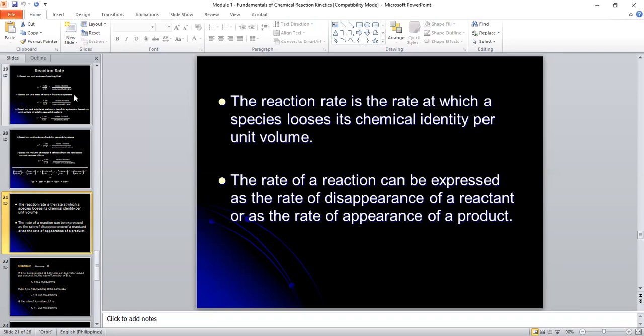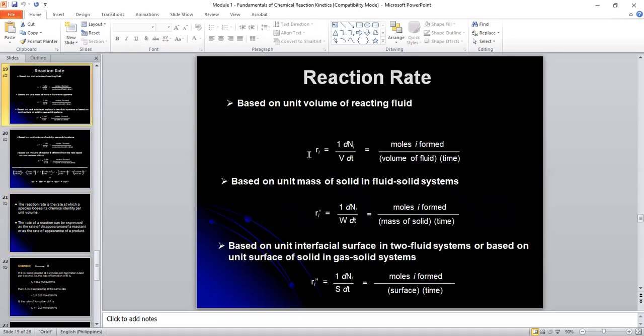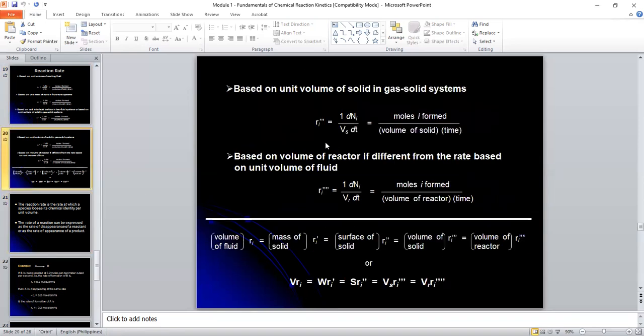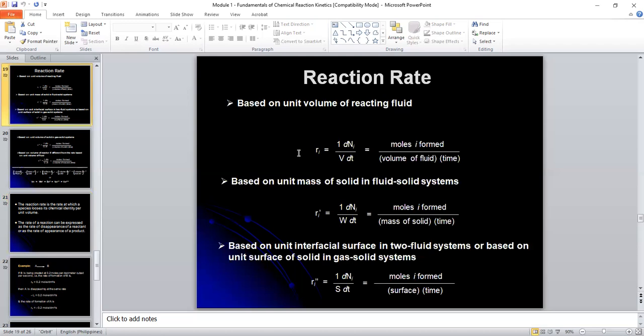Very simple. We go back here. If all of these are positive, you see these are Ri prime, Ri double prime, Ri triple prime, and so on. They are all positive, right? This one tells you that this reaction rate is for a product i. Why? Because it's positive. This reaction rate represents the rate of appearance or formation of species i, which is a product.